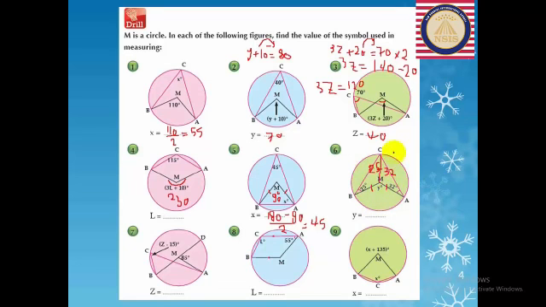Both of them together are 57. This is an inscribed angle. So what about the central angle? It's double 57, which is 114. Very good.